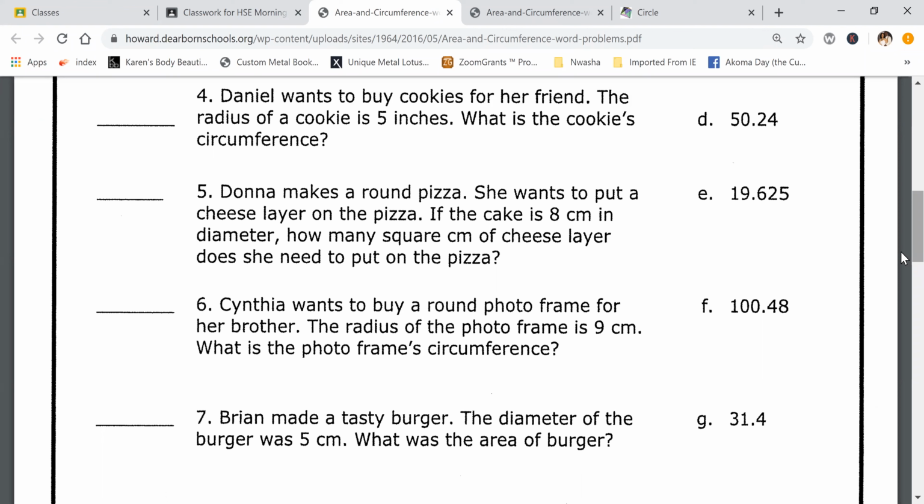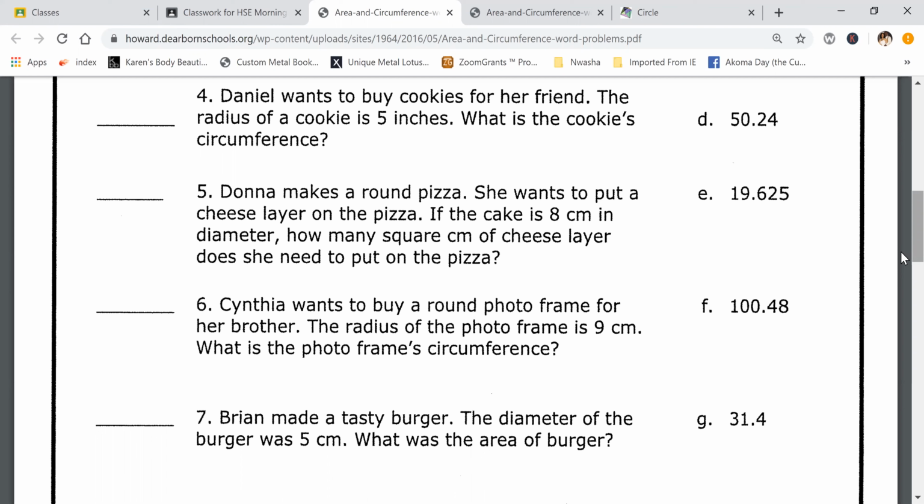A. So Josette, did you have a question about number 6? No, but she said the answer is A. Yes. So do you have a calculator with you? Yeah.